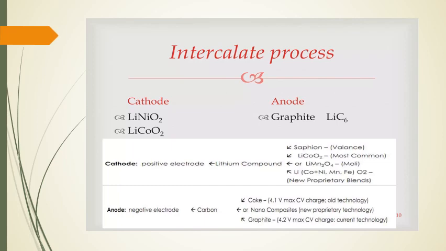New property blends appear in the positive electrode with respect to the lithium component at the cathode. Anode, negative electrode: carbon coke, 4.1 V max CV charge, old technology, and nanocomposites as new technology. Graphite, 4.2 V max voltage, is the current technology. These two are interdependent on anode and cathode.